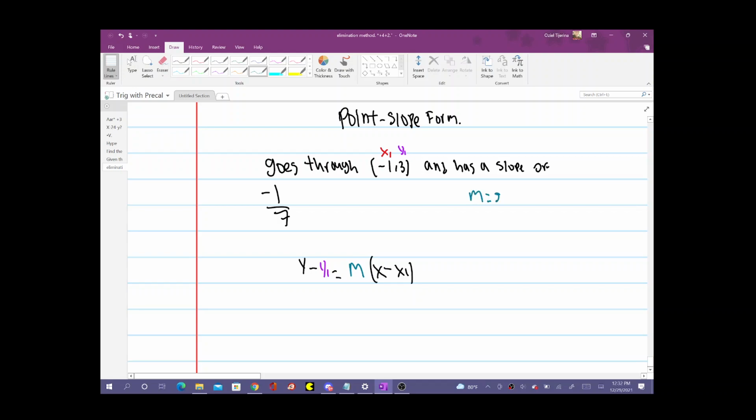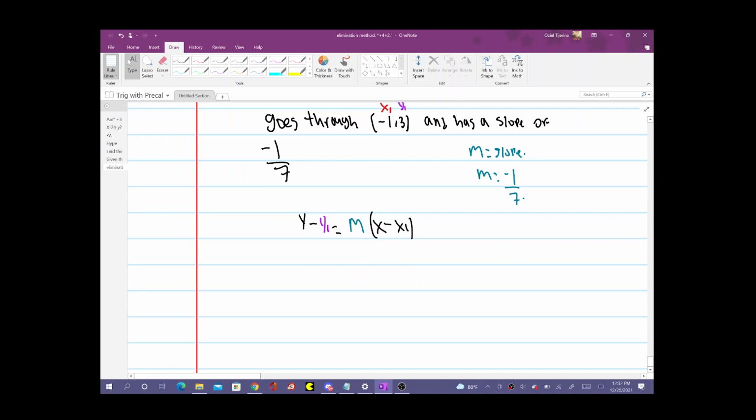Now let's say they want it in slope-intercept form. There are two ways to do this. We know that y equals negative 1/7 x plus b. We can plug in x and y. So 3 equals 1/7 plus b.